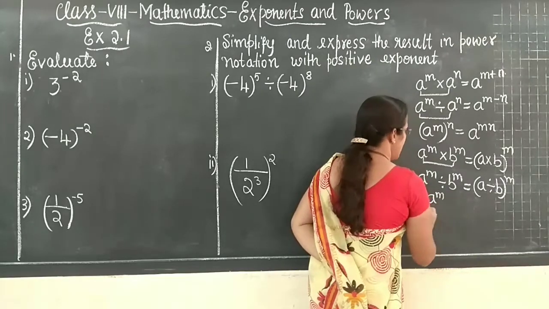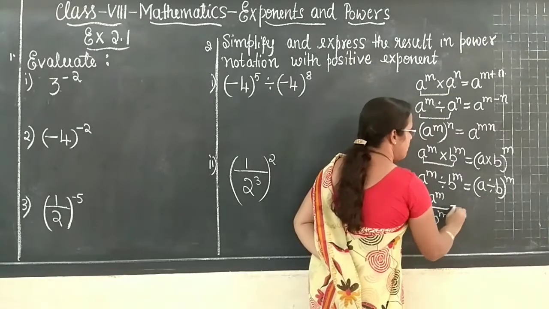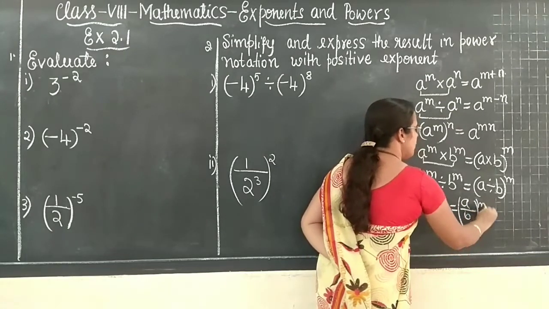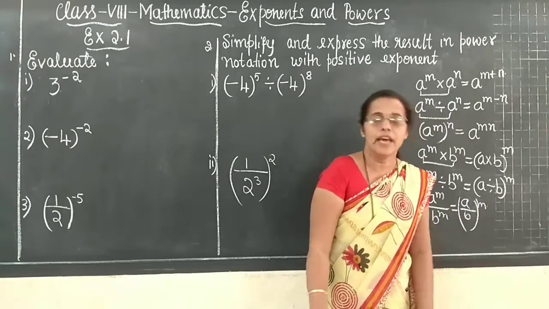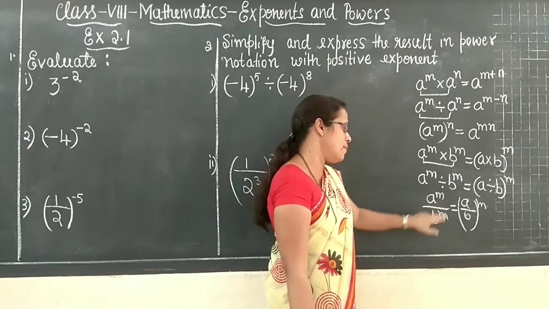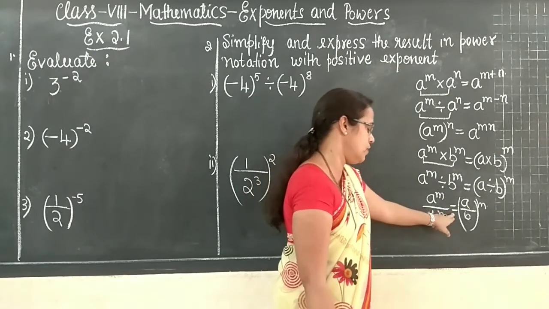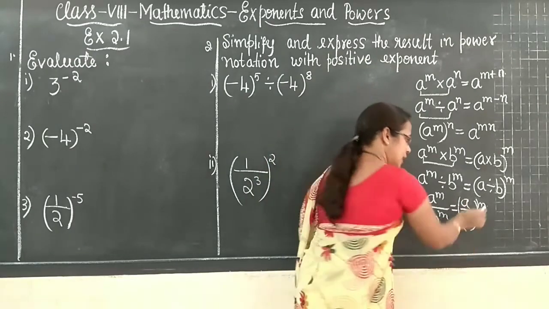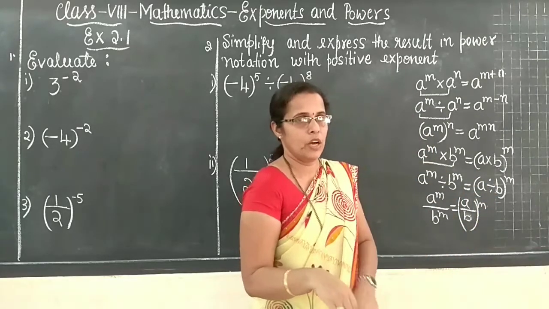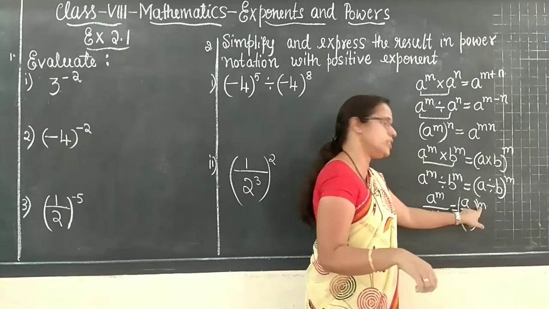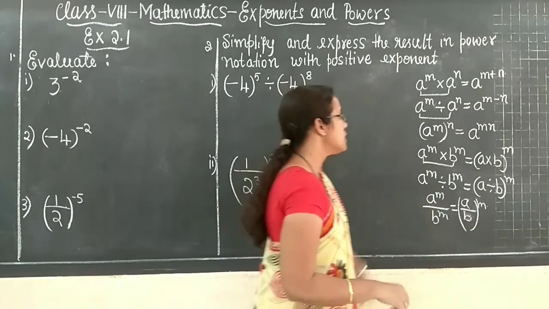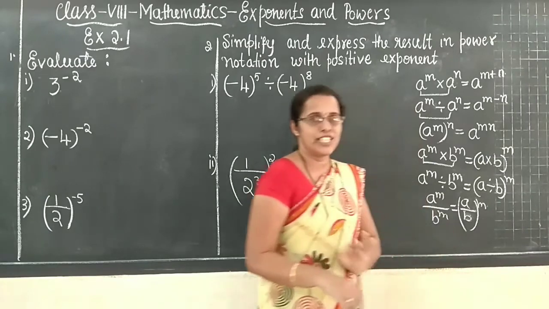A to the power m by b to the power m is equal to a by b whole to the power m. Like this also we can write children. So method will be the same. Got it? Power twice instead of writing once, you have to write outside the bracket. Got it? So like this, these are the 5 laws of exponents.